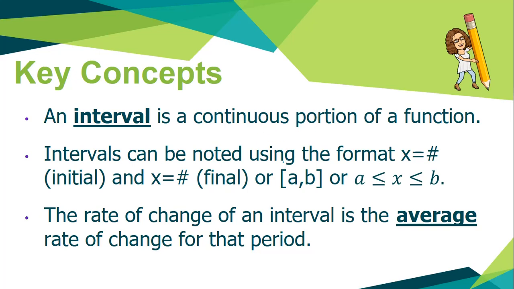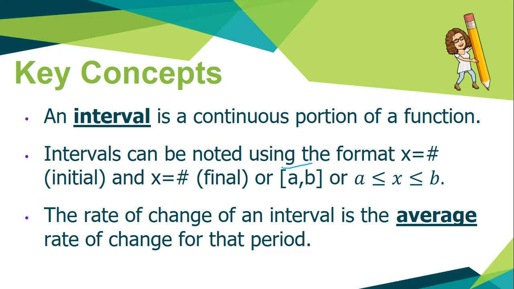So we can say x equals a number and x equals a number, known as the initial and the final. Or we can use brackets, a comma b. Or we can use it as an inequality: a is less than or equal to x, which is less than or equal to b.